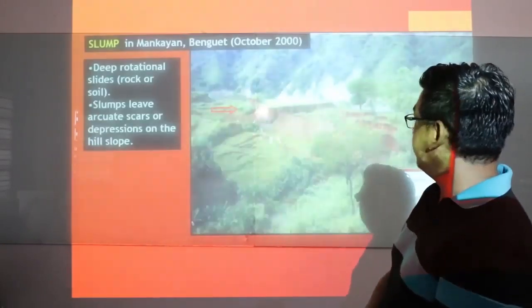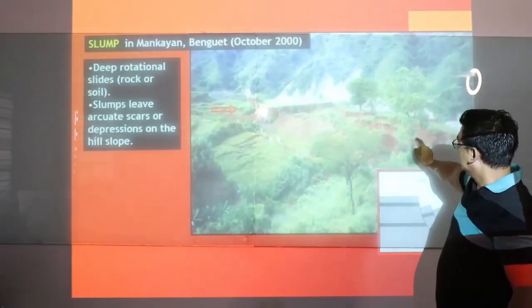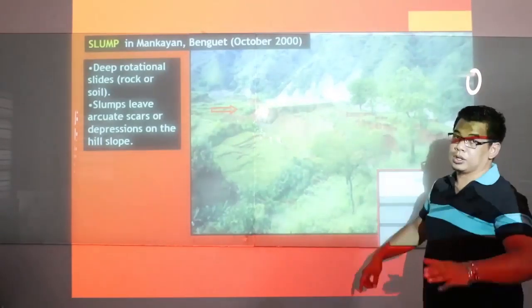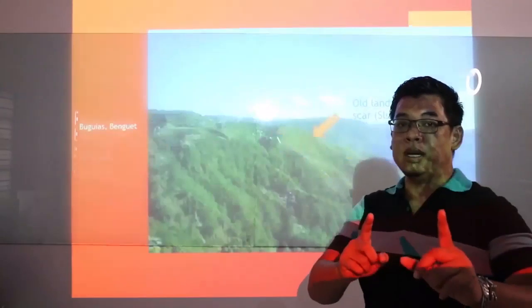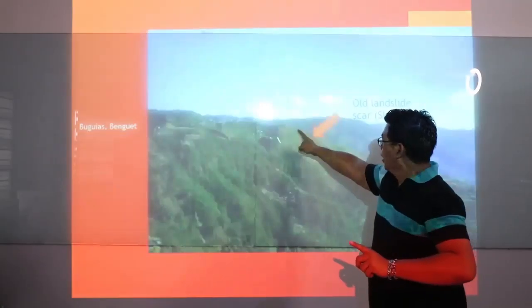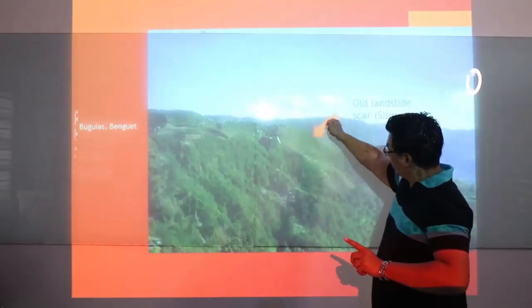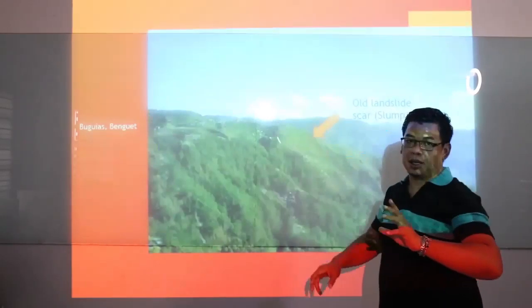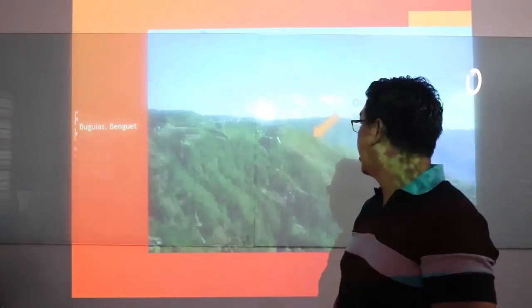And then we have the slump. The slump is the crack on the land formation here, wherein it tends to go down. So you can see a mark if there's an old landslide. Number one, this is an indicator. It's like it has been scooped. It serves as a scar on the hill.